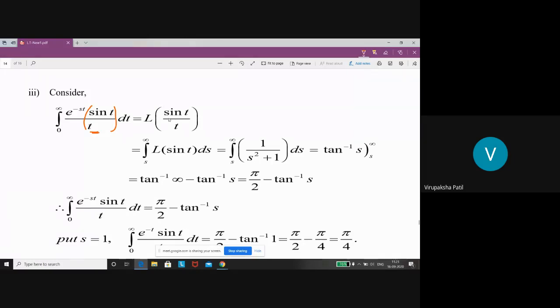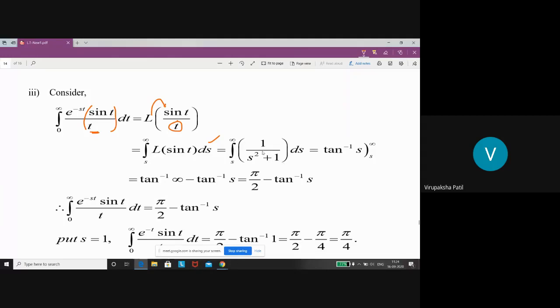Now this is divided by t, so what you have to do is integration from s to infinity of the Laplace transform of the numerator quantity, that is the Laplace transform of sine t, which is 1 divided by s square plus 1, with respect to s.